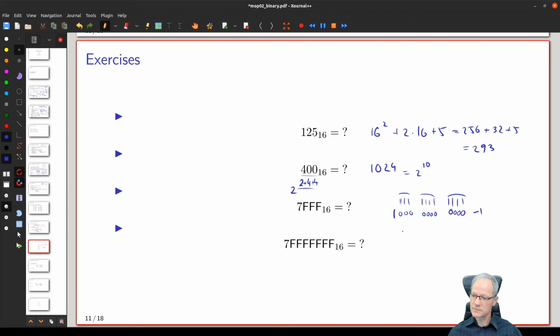Is that right? Yeah, it's 2 to the power of 12, minus 1. And then you can do a little bit of calculation and you can figure out that this is 32,767, something like this.